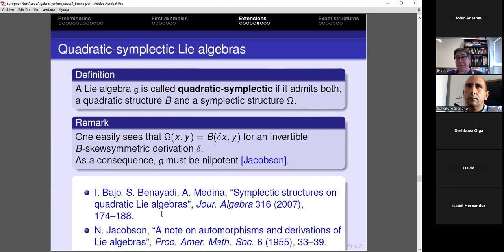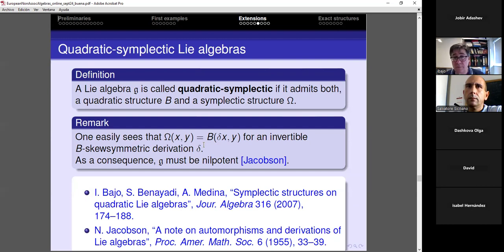And it is very easy to see that in that case, the symplectic form can be given by the quadratic structure and a skew-symmetric invertible derivation. And according to a very well-known theorem of Jacobson, since the Lie algebra admits an invertible derivation, then it must be nilpotent.